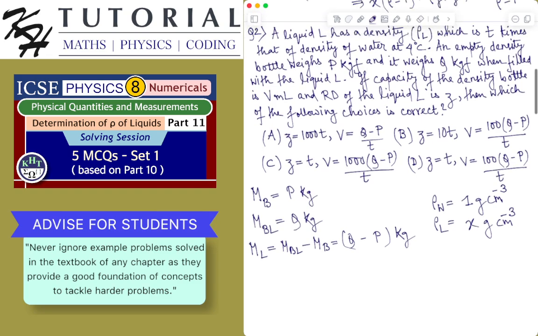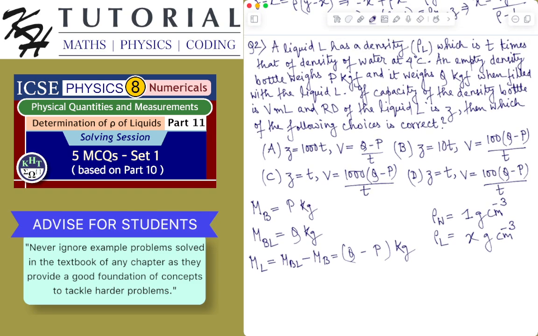the weight of the density bottle completely filled with water is not given. The density is given to be T times that of water at 4 degrees centigrade.